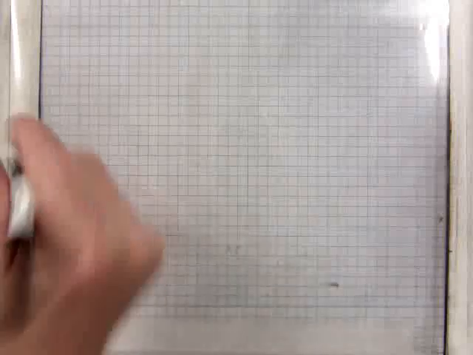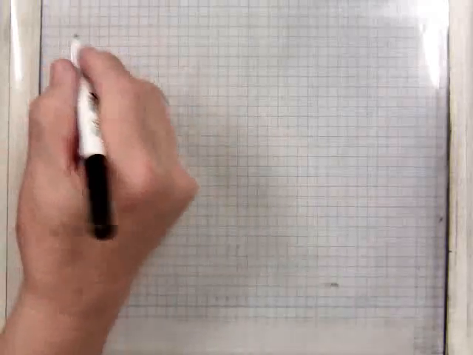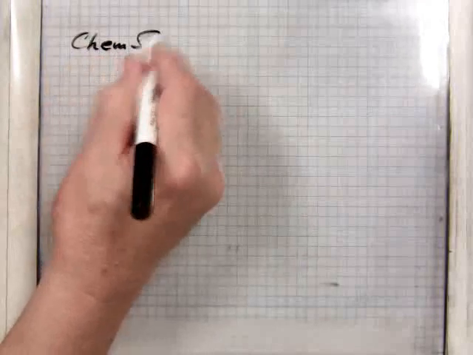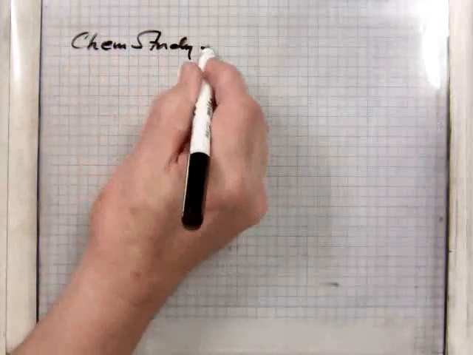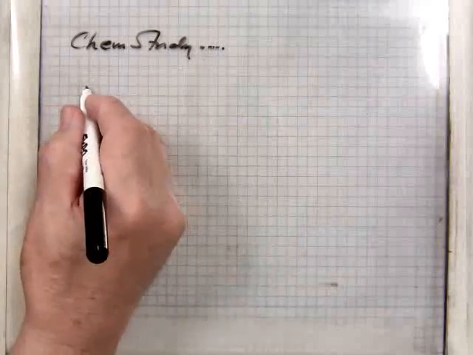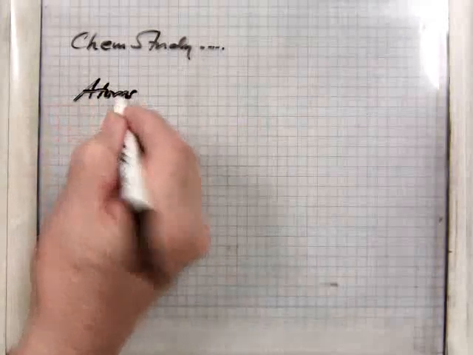What we've tried to do up to this point in presenting the chem study is start simple and go to the more complex. So in the chem study order, what we're looking at is elements and atoms and fundamental particles.